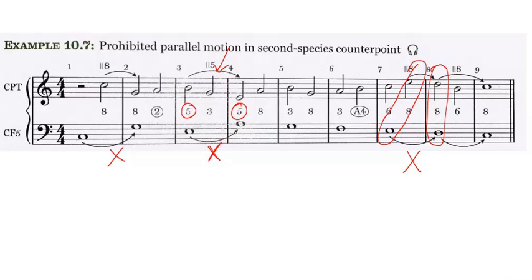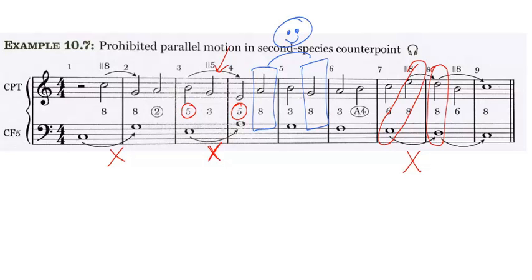So you notice offbeat to downbeat is bad, downbeat to downbeat is bad, but you can have offbeat to offbeat. That's okay. For example, this octave to this octave, two offbeats, that's absolutely fine. No problem with that.